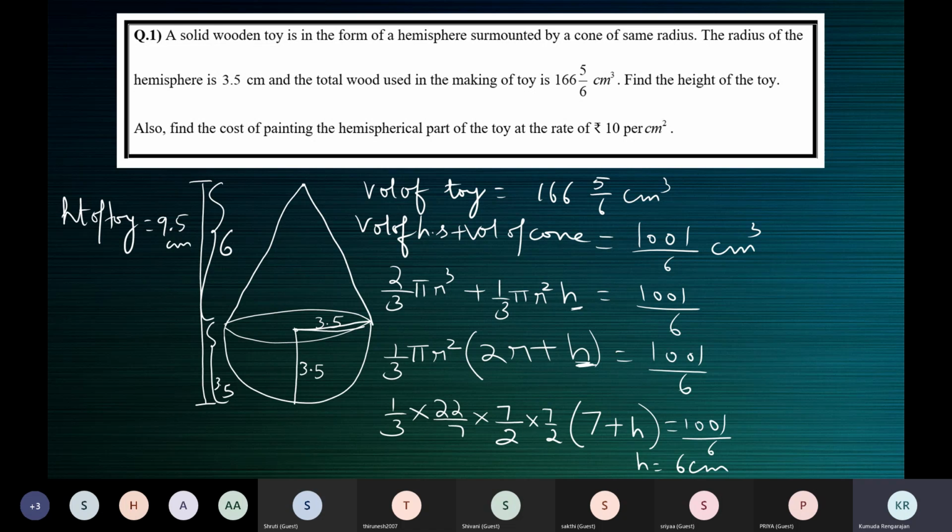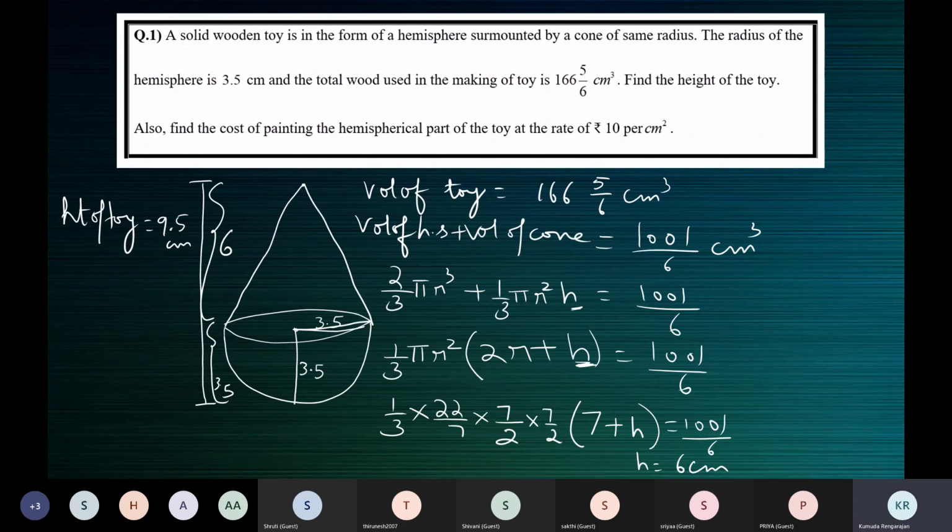The second part is simple. Cost of painting the hemispherical part. What's the formula? 2 pi r square. So simply find 2 pi r square and then into 10 will give you the answer. 770 rupees. Let me check.